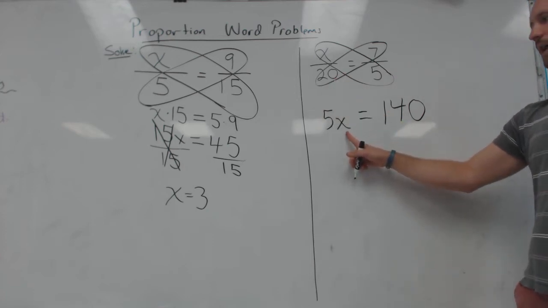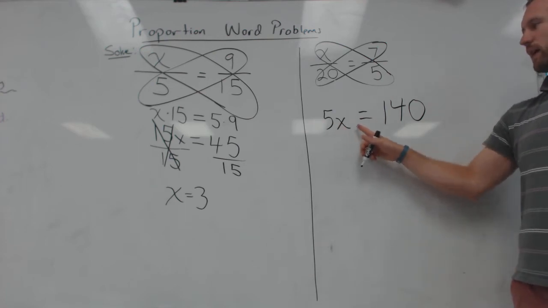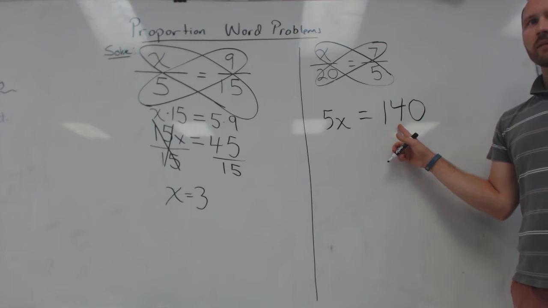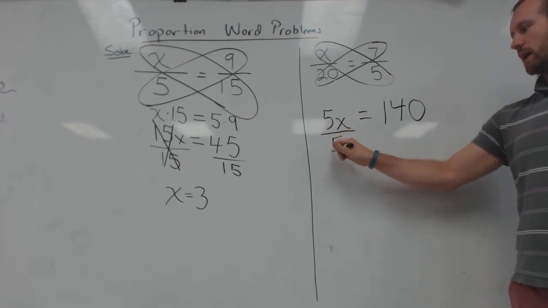Now I have to solve for x. This is a type of problem where if you are trying to think what times 5 equals 140, it might be a little bit trickier than if you just divide both sides by 5.